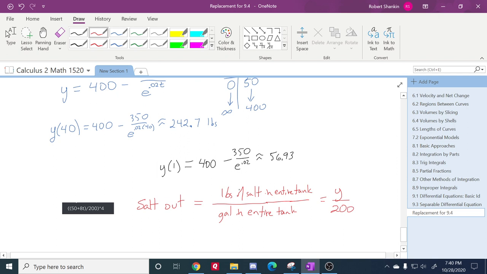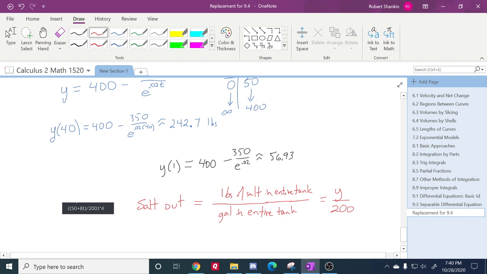Now, if you try to get, well, how many pounds are in the entire tank at any time? Well, there was 8 going in at so much, but then how much was going out? Well, that was variable. It's too hard in terms of T. So you've got to abandon trying to get it in terms of T and just say, oh, that's what the variable Y was set up for.